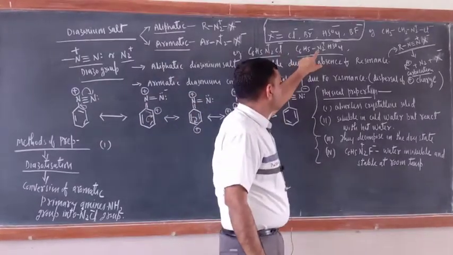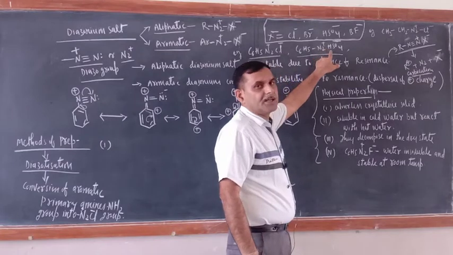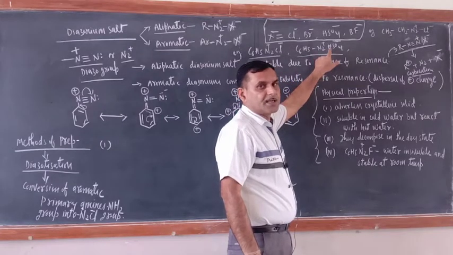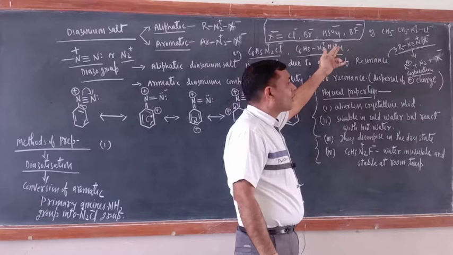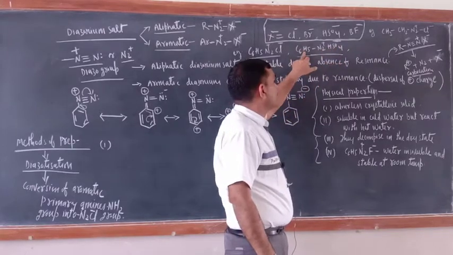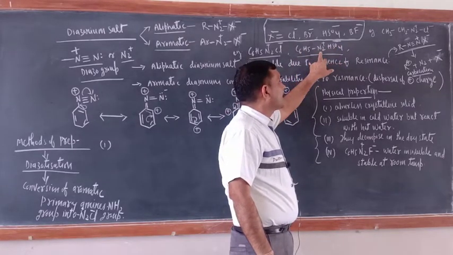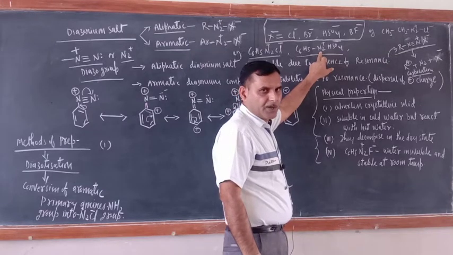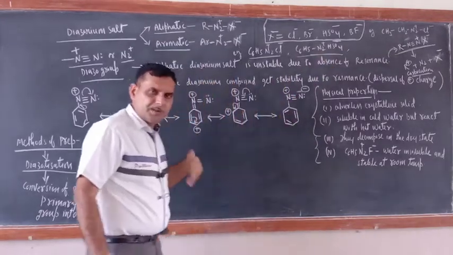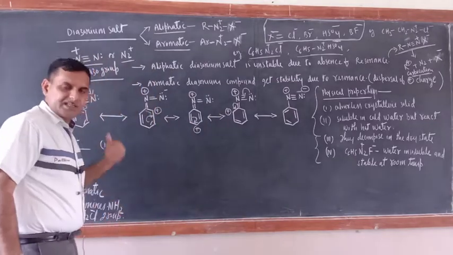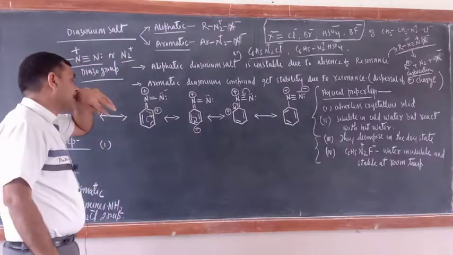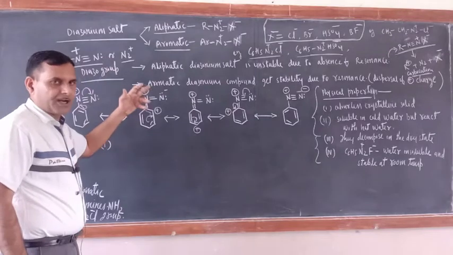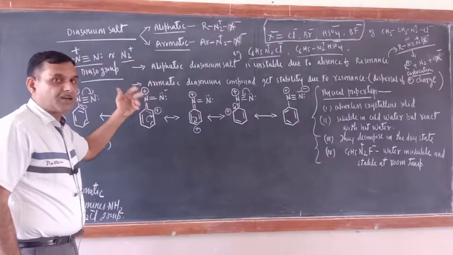This is benzene, this is diazonium, this is hydrogen sulfate. Suppose BF4 negative is attached, then it is benzene diazonium tetrafluoroborate. I hope you understood the meaning of salt: in a diazonium salt, both positive and negative ions are there.